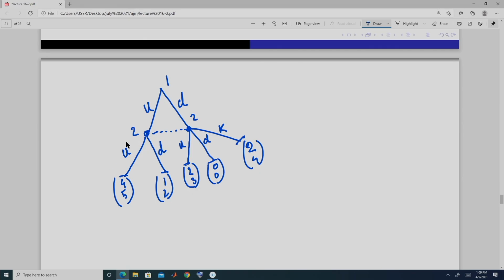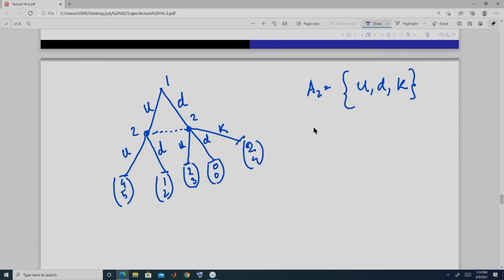So that is, player 2 will know that. But if it is here, the action set is U, D, K. So that it has two different action sets. Alright. So if player 1 plays this D, then the action set that player 2 has to choose from is D, K, D, U, D, K.